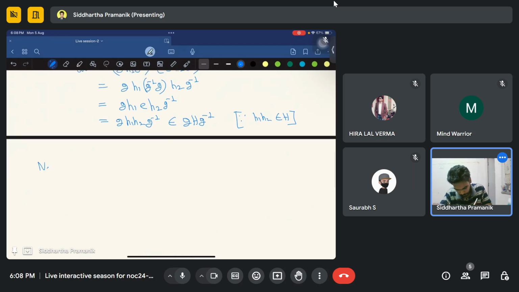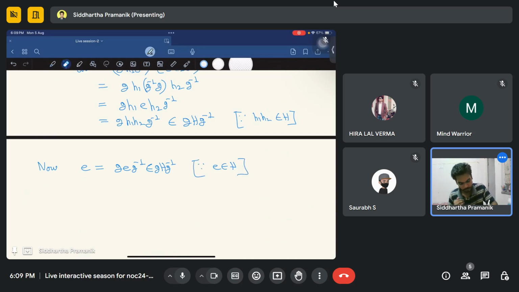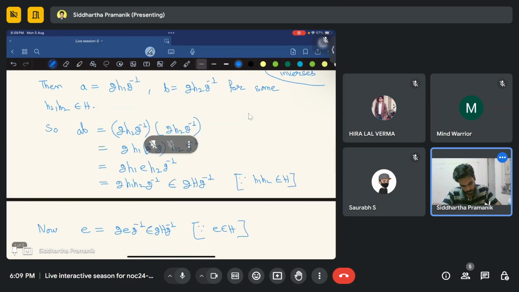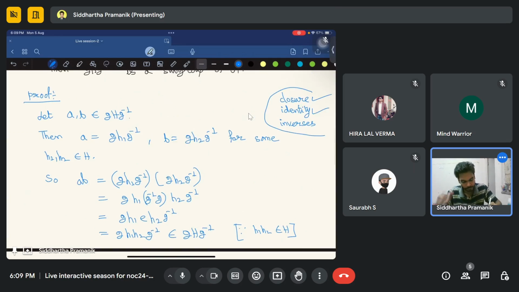Now you can see that the identity element can be written as g e g inverse, and since H is a subgroup, e must belong to H. So this element must belong to gHg inverse. That means the identity element also belongs to this set. So the second property also holds.